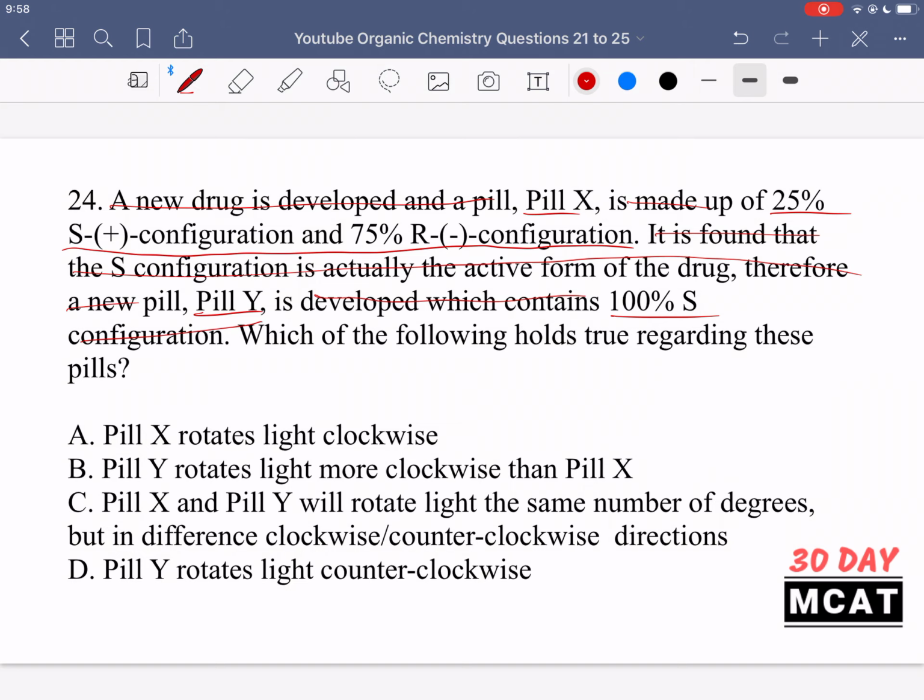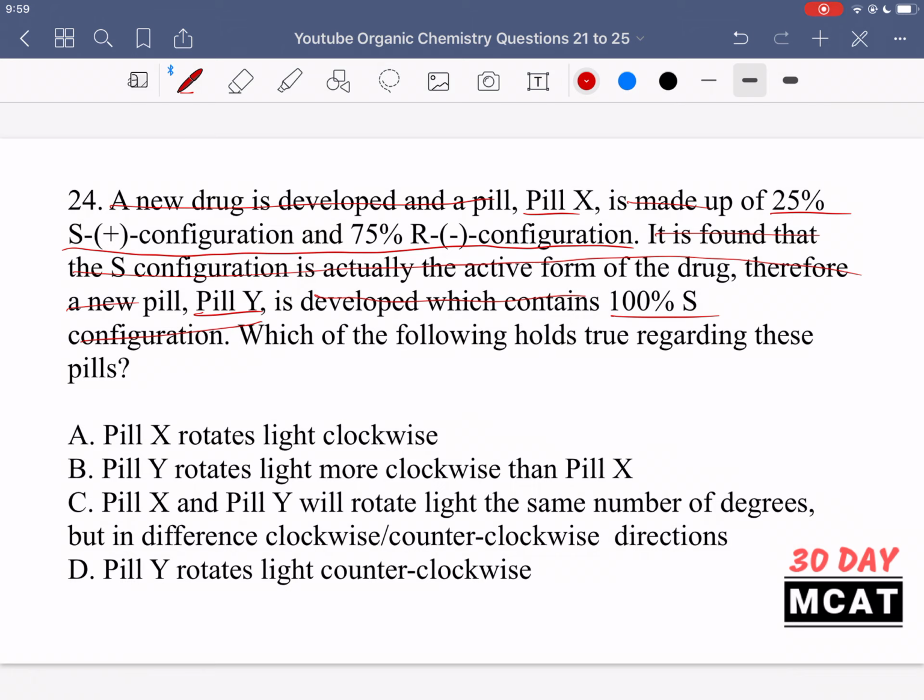First thing to keep in mind, when we're talking about chirality, R and S is talking about the absolute configuration of just one molecule. So we have rules that we use for giving either R or S chirality, that label, to a certain chiral center, and we do that using the Cahn-Ingold-Prelog rules.